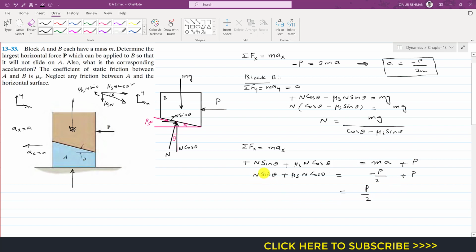And I can take N common from both of these terms, so we will have it like this.